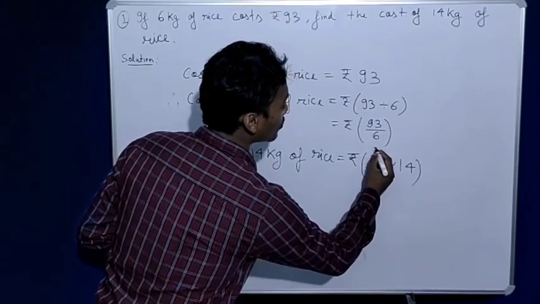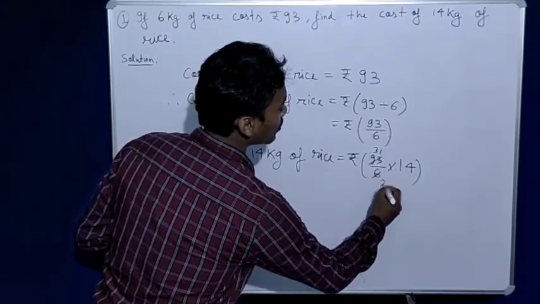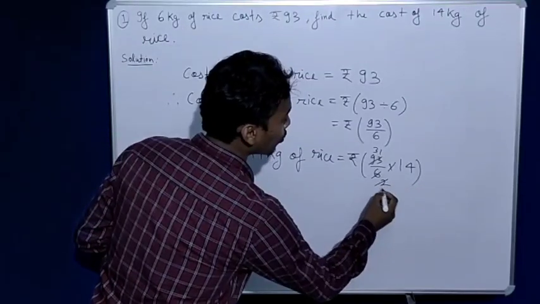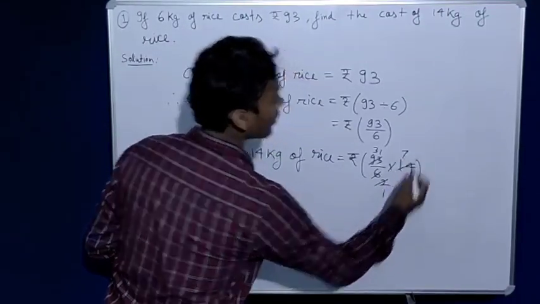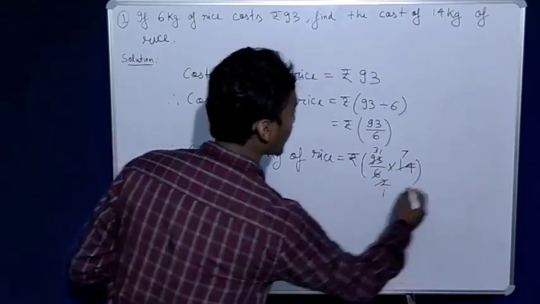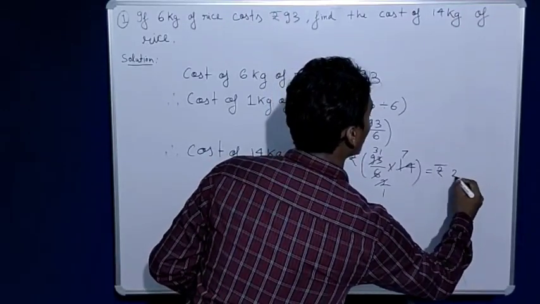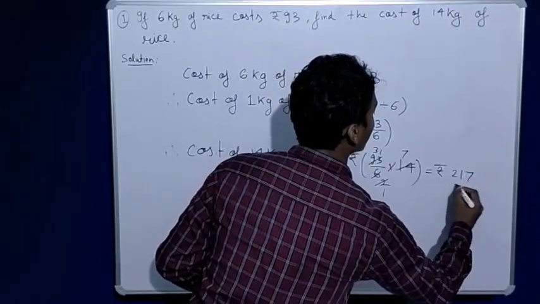Now let's solve this. 3 will go, 3 3s are 9, 3 1s are 3, so 93 by 3 is 31. 3 2s are 6, 2 7s are 14. So 31 into 7 will give you rupees 217.